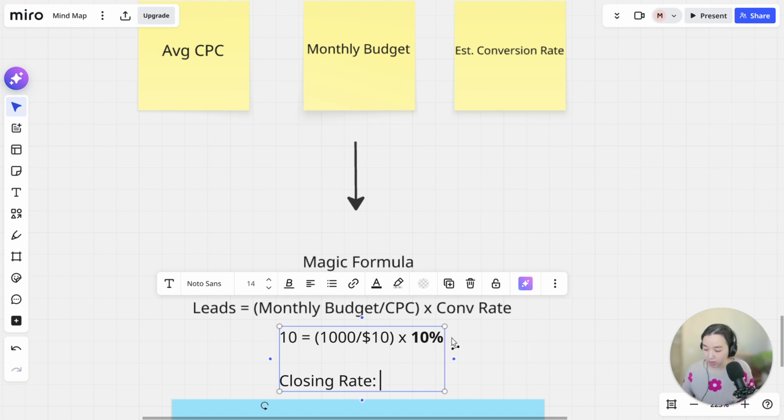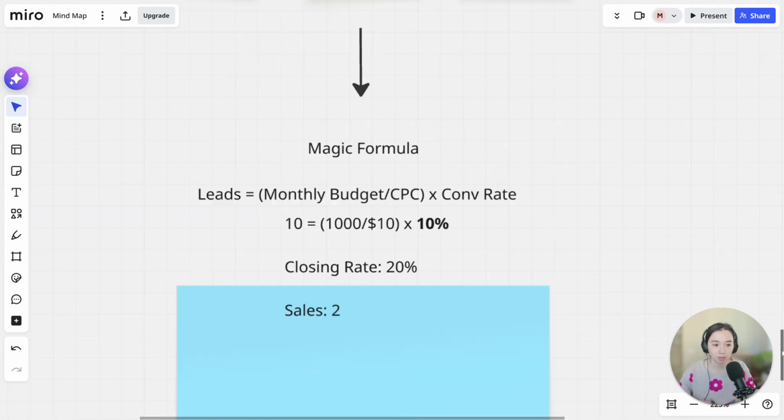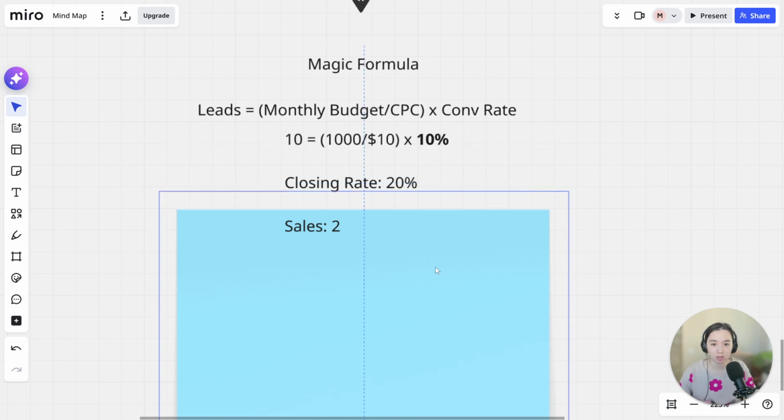Average closing rate, assuming that you've got good closers, let's just say 20%. So then the number of closed leads or sales would be 2. If you wanted to take it all the way to that for the actual estimation.